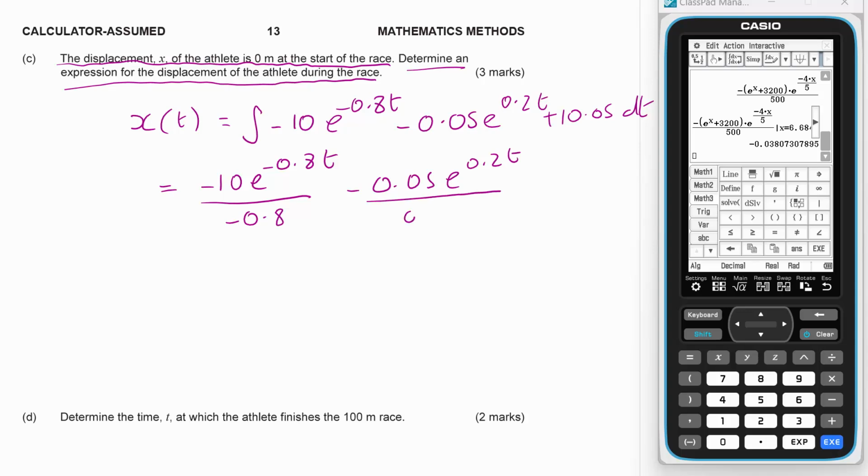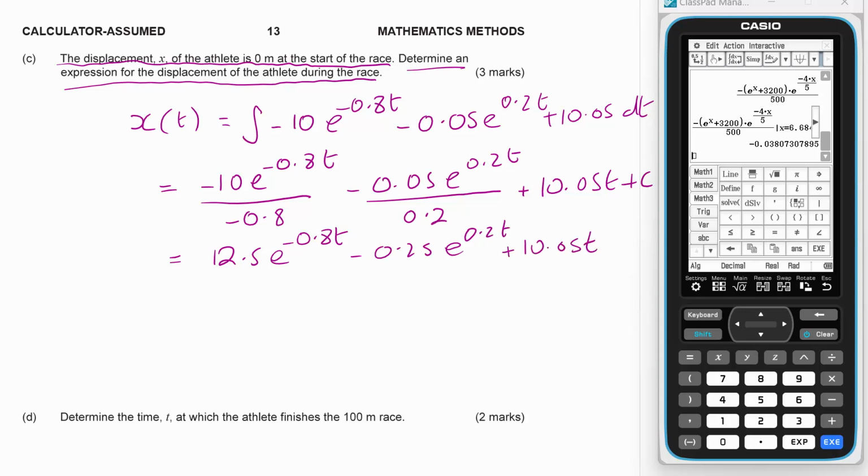Using the reverse chain, we need to divide by the 0.2, and then we're going to have 10.05t plus some constant. That gives me 12.5 e to the negative 0.8t, take away 0.25 e to the 0.2t plus 10.05t plus a constant.